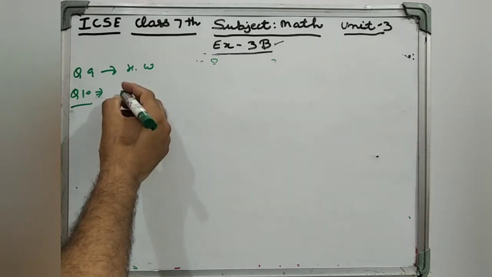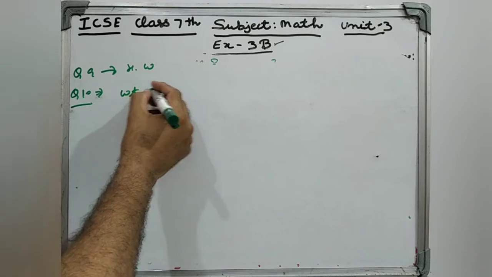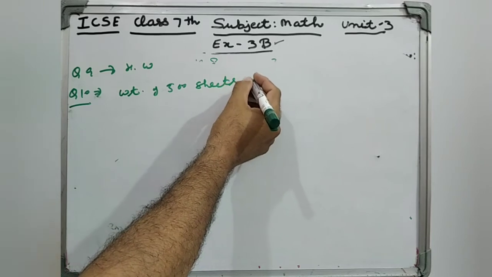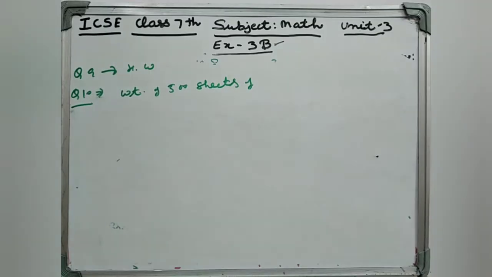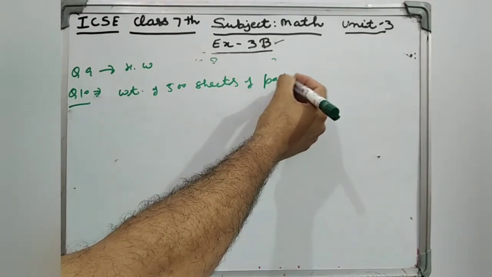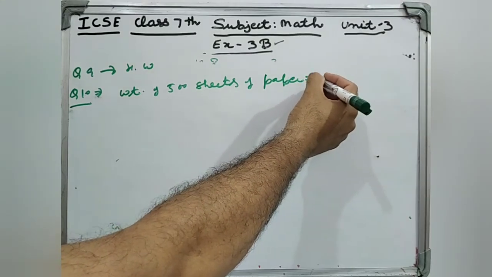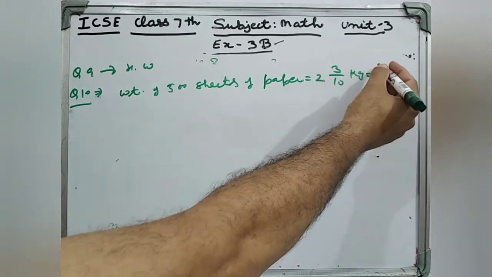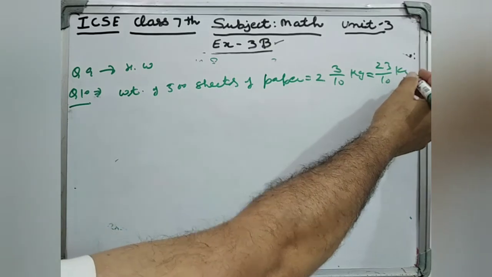Right, now we will write it as the weight of 500 sheets of paper is 2 3 by 10 kg. 10 2s are 20, plus 3, so 23 by 10 kg.